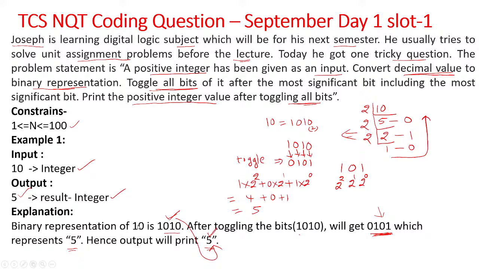See here, for 10 the output is 5. We also worked out one more example, that is 11, so that also we will give as input and we will just check it out.